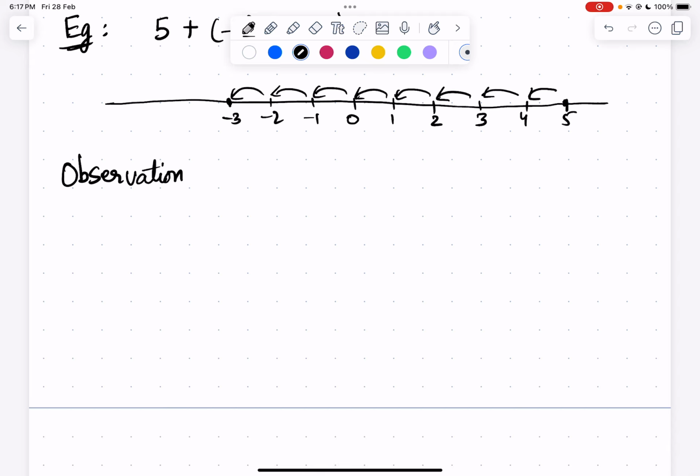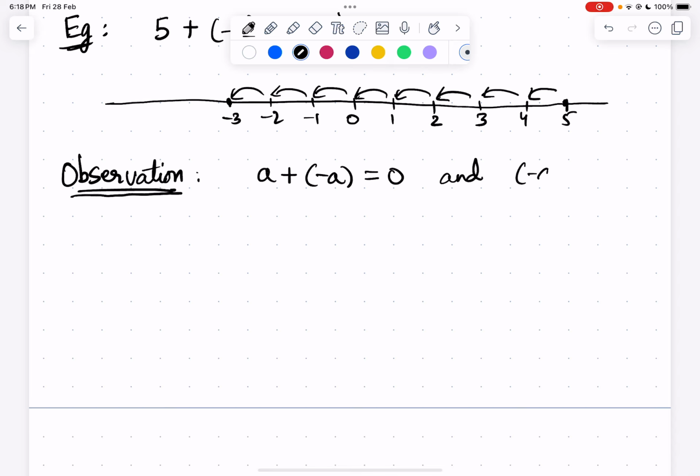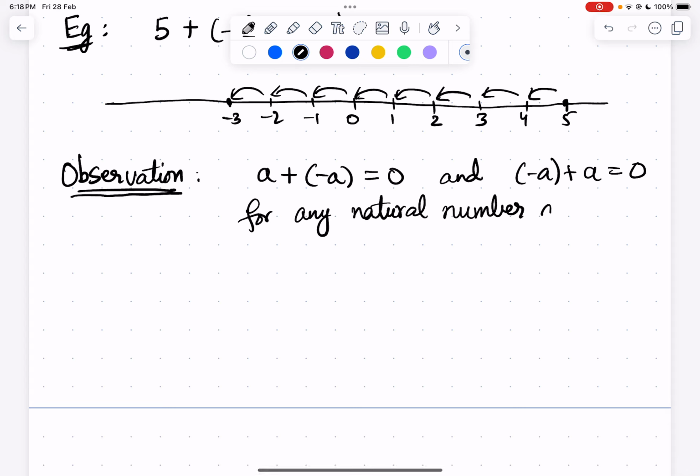Observation. a plus minus a equals 0 and minus a plus a equals 0 for any natural number a.